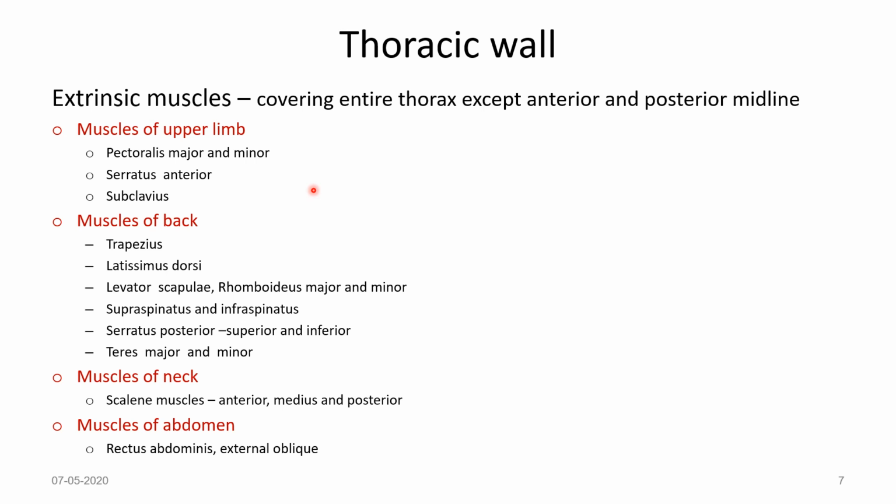teres major and minor. Of the muscles of the upper limb and the muscles of the back, except for serratus posterior superior and inferior, all the others were seen by you during your dissection of the upper limb. The serratus posterior superior and inferior will be seen during the thorax dissection.